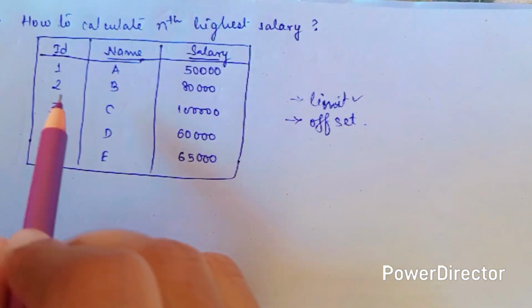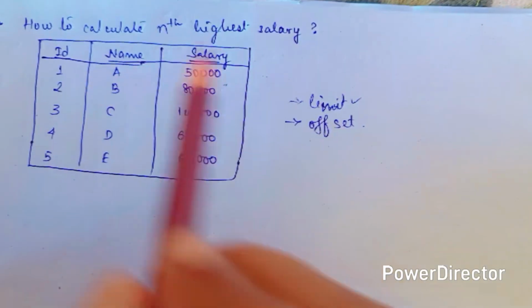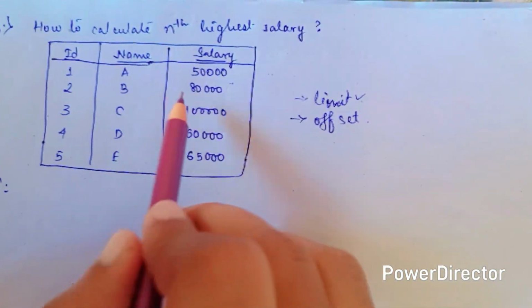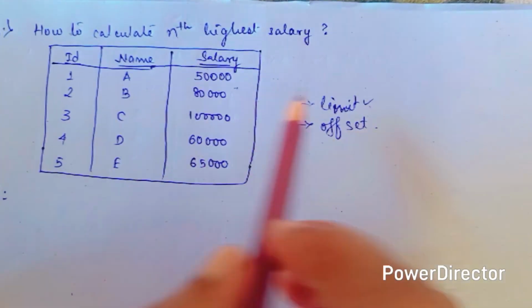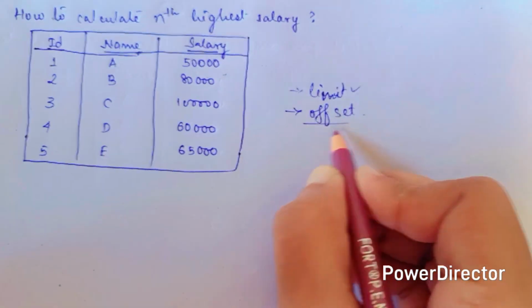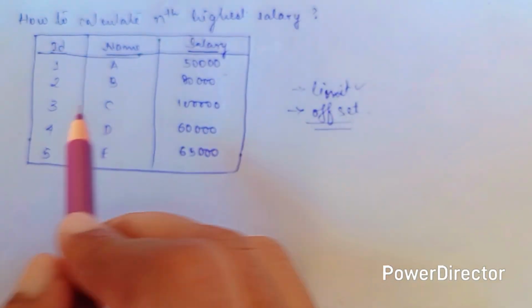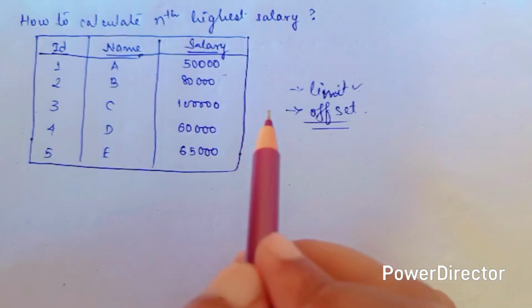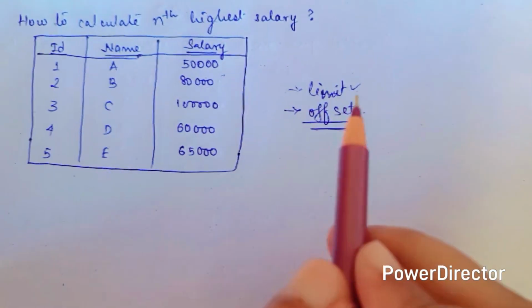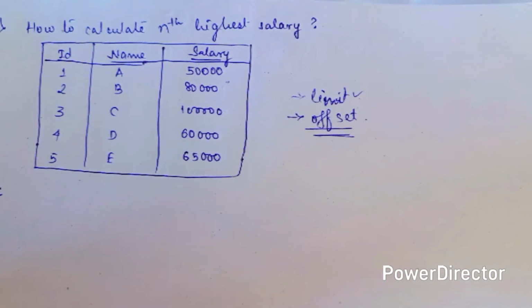If we want to know about only one record, then we are going to write limit 1. If we want to show only two records from the table, then we are going to write limit 2. And offset means if you want to skip the first three records from a table, then we can use the offset function. Let's see how to calculate the nth highest salary.